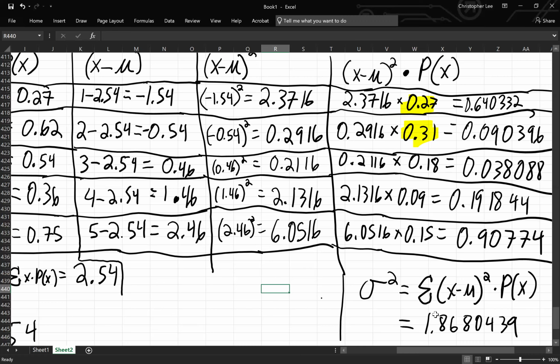So it was 1.868439. Okay. Oh, just square root it.